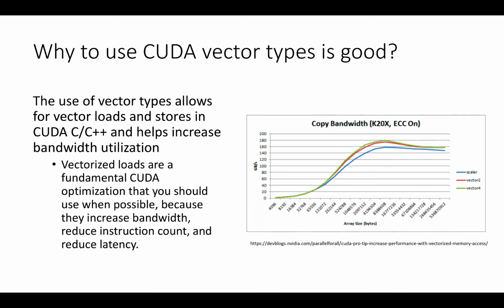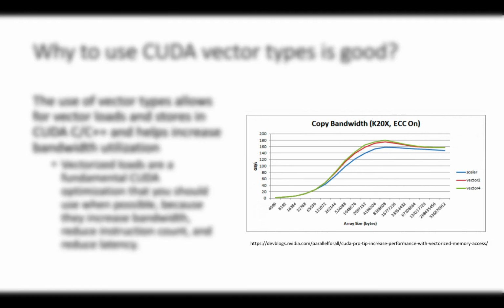CUDA vector types really look like standard C structure, so it is legitimate to ask ourselves what the benefit could be in using them. It turns out that the use of vector types allows for vectorized loads and stores in CUDA C and C++, and helps increase the bandwidth utilization.